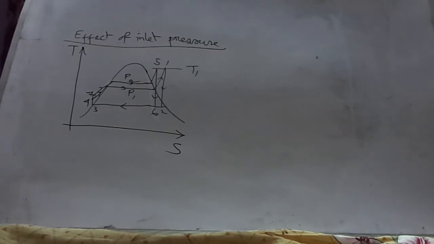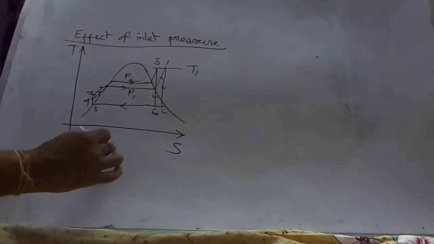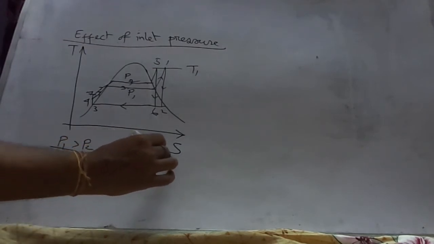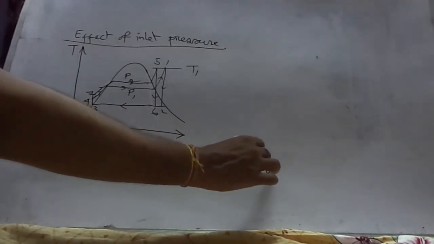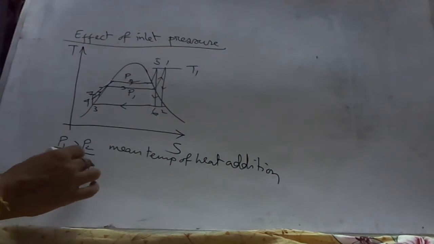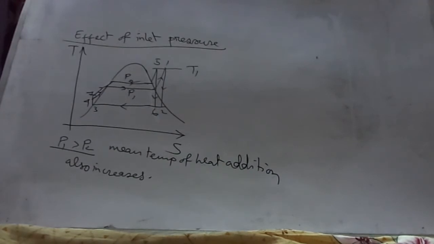When the maximum temperature is fixed by this limit, as the operating steam pressure at which heat is added to the boiler increases, P1 to P2, the mean temperature of heat addition also increases.